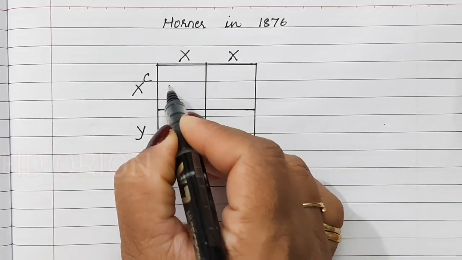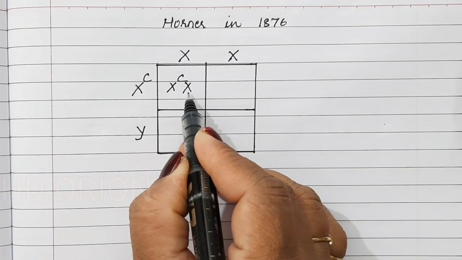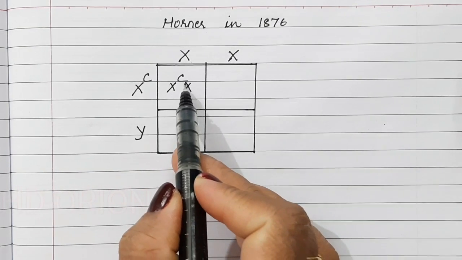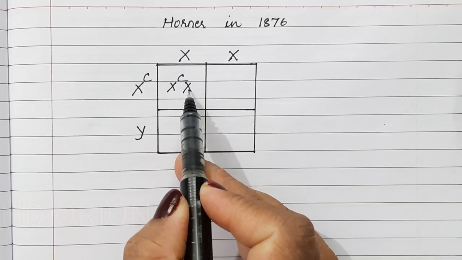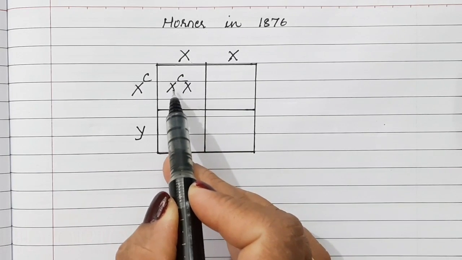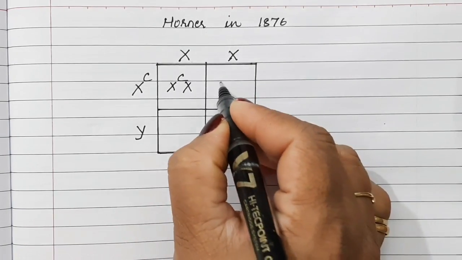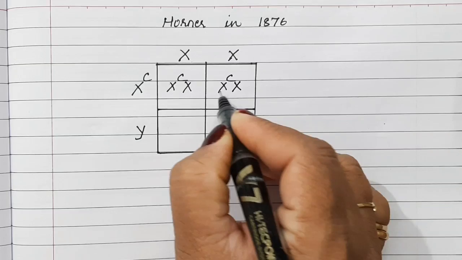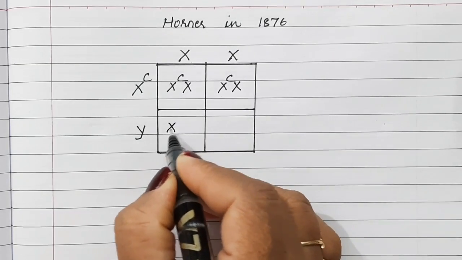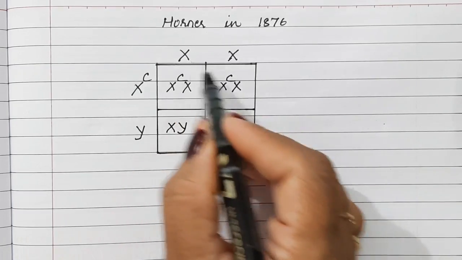This X and this X will give rise to a carrier female. Since one X chromosome is normal, it masks the effect of the color blindness gene in the defective chromosome. Here also a carrier female, a normal male and a normal male.